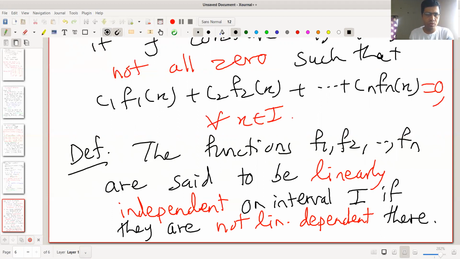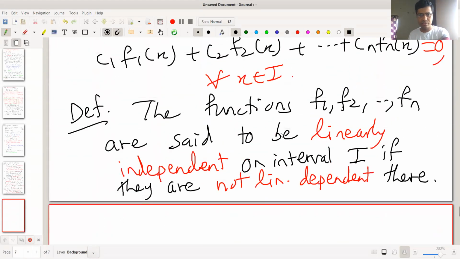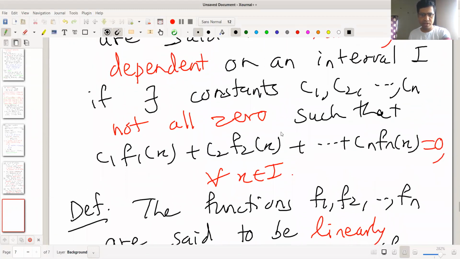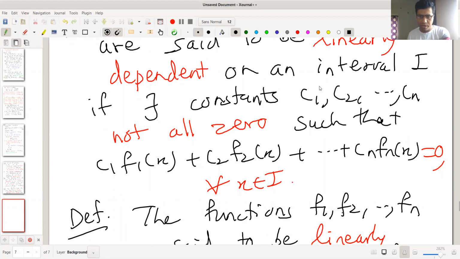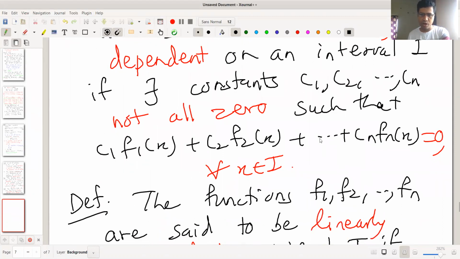So what happens in this case? In the previous case, for the dependent case, we were able to find constants c1, c2 to cn not all 0, such that this linear combination is 0. Here, this is not happening. Converse. So that means for any linear combination which is 0, all the constants must be 0.